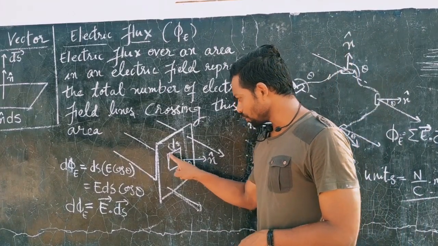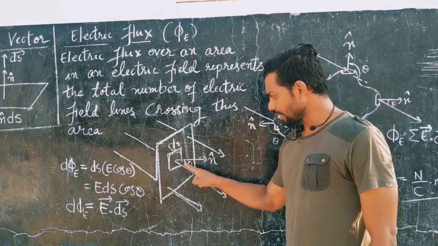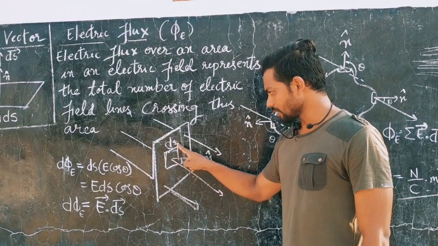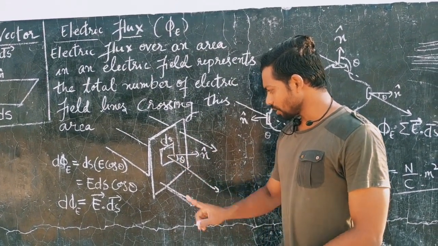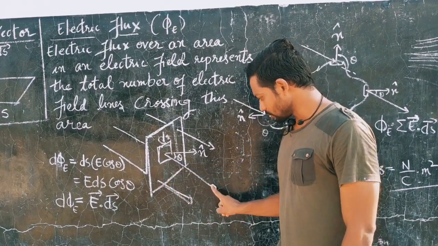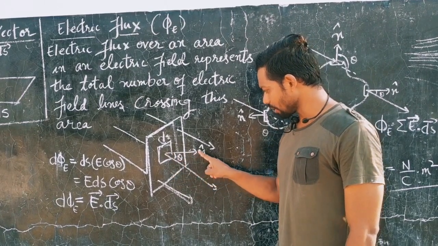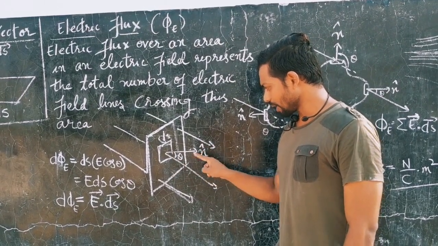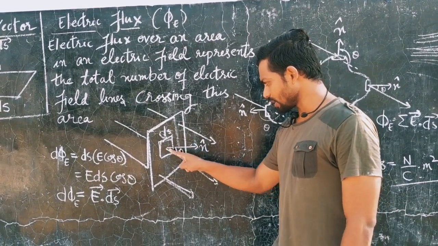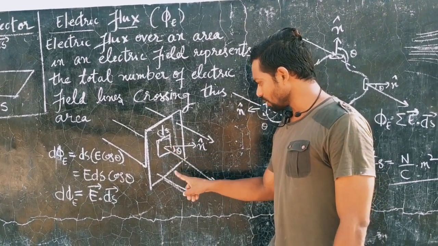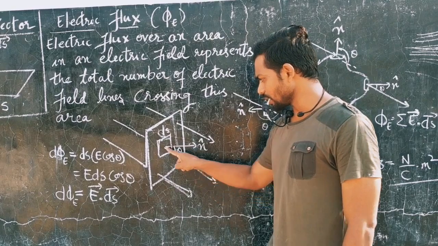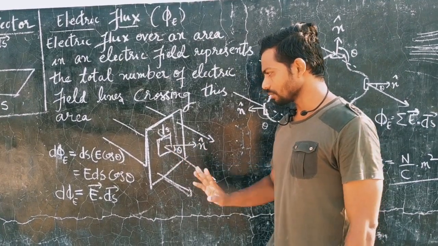For that, we consider a small area element, that is ds, and you can see the electric field lines this way. I have drawn an area vector n cap, the perpendicular direction of this area is this way. There is an angle theta between electric field intensity and the area vector, right?